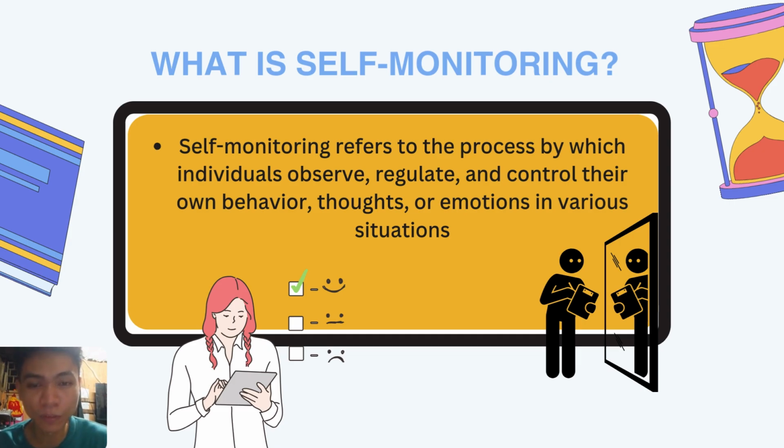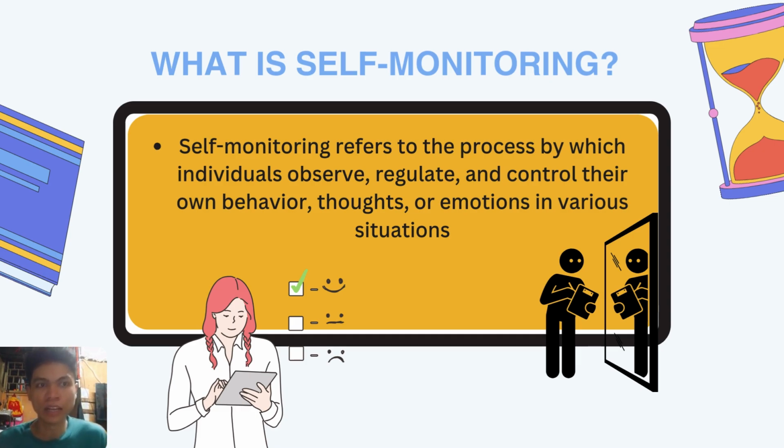So what is self-monitoring? To put it simply, self-monitoring means you are paying attention to your own behavior, thoughts, and emotions, so you can understand and control them better. It helps the student notice how they act in different situations and whether their actions match their goals or values.